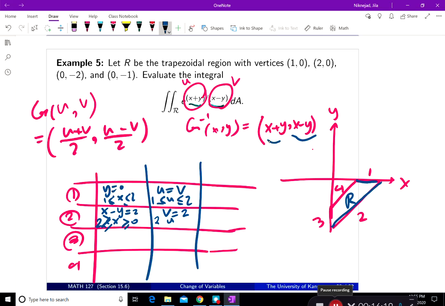Now, if I'm looking at here, this is u and v. If I add u plus v and divide by 2, I get x, right? And x is running between 2 and 0. And v is 2 for good.